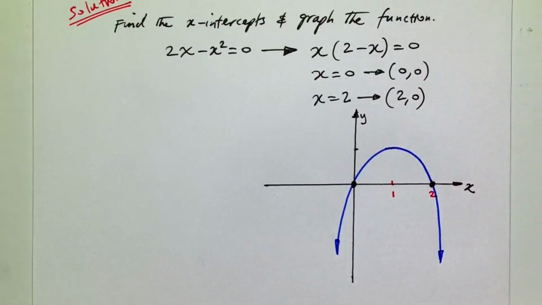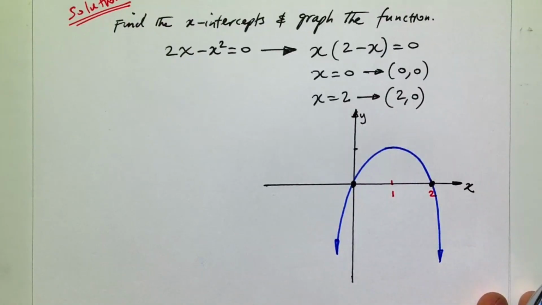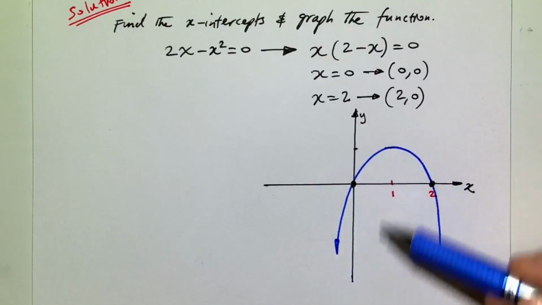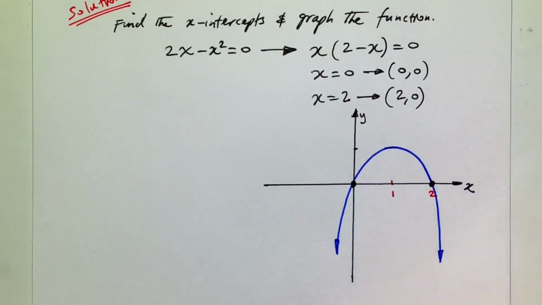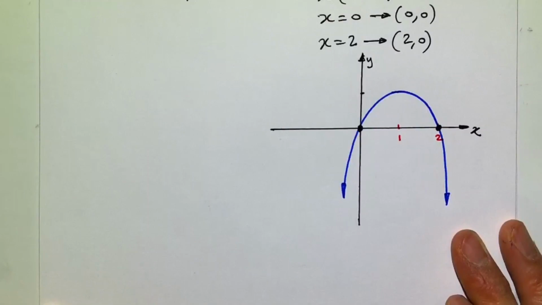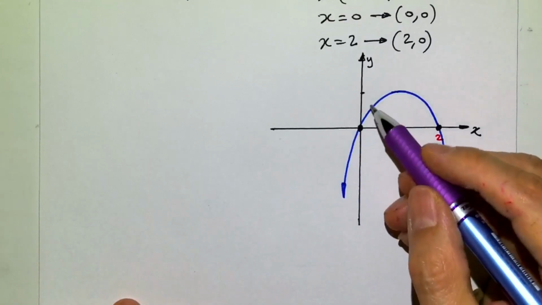Okay, so the area under the curve would go down to negative infinity on this side, but they say under the curve and above the x-axis, right? So then we are limited to this region.